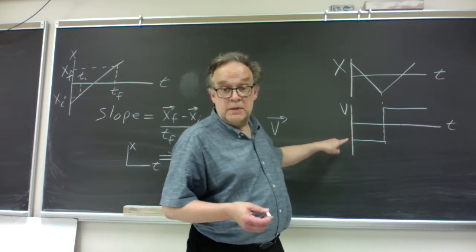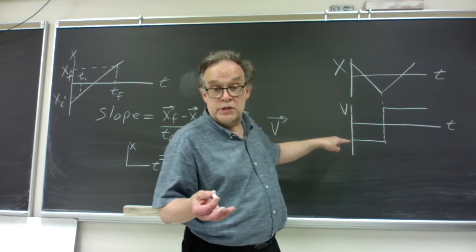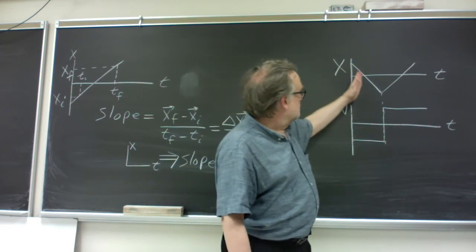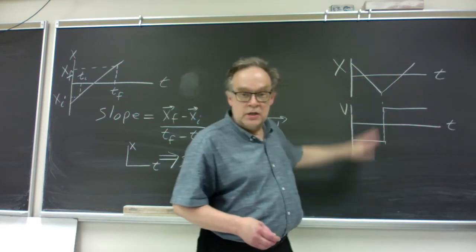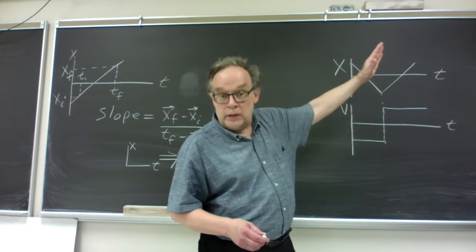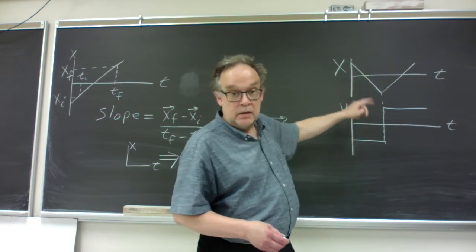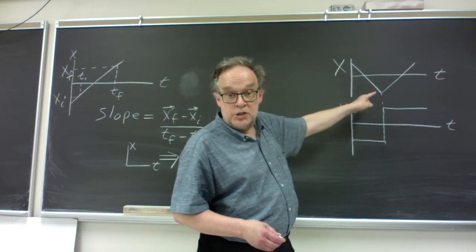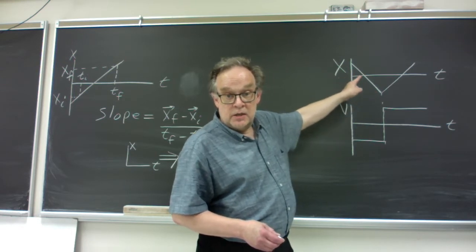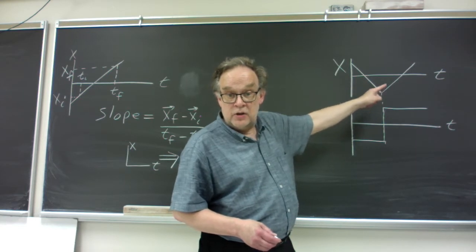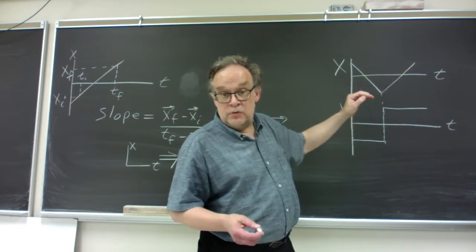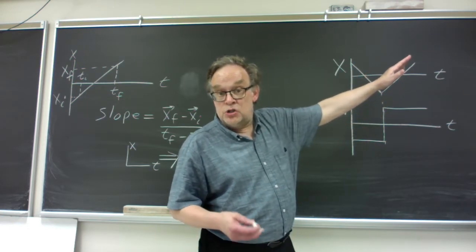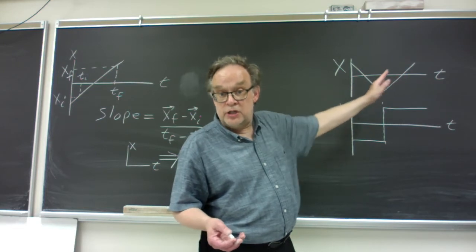This might be negative 4 meters per second, then this would be positive 4 meters per second. Because of the symmetry here, we see that these two slopes are equally steep. The rate at which position is changing is just as fast here as it is here. The only difference is that here the change is negative, and here the position is always becoming more positive. The change is positive.